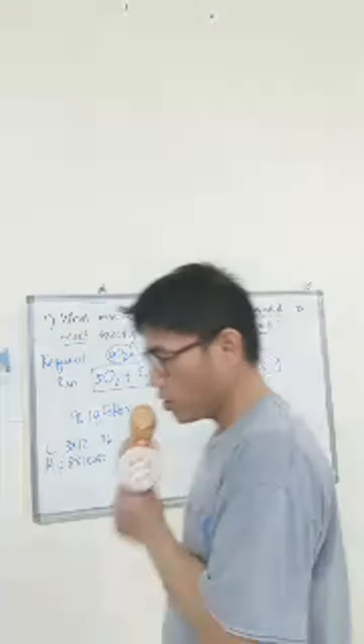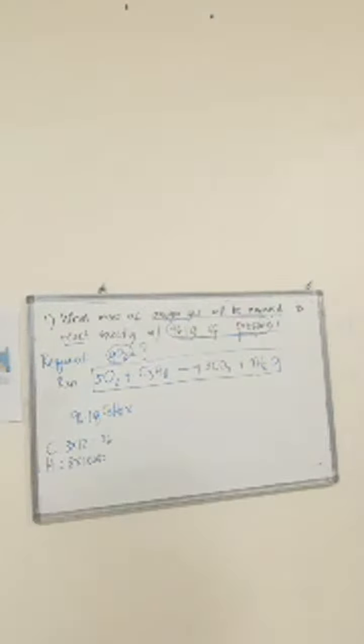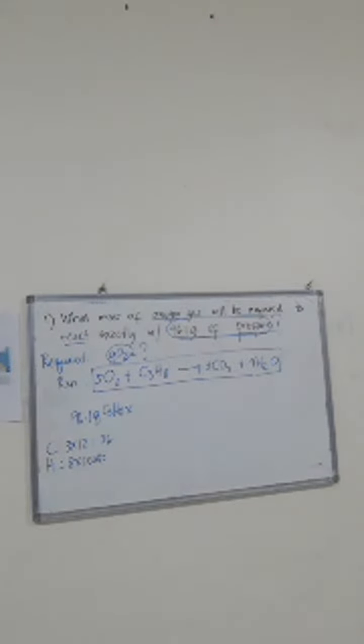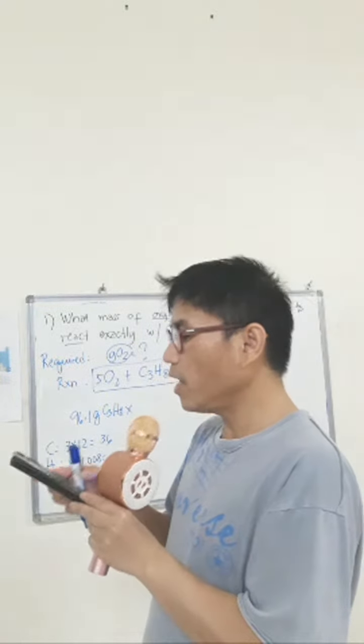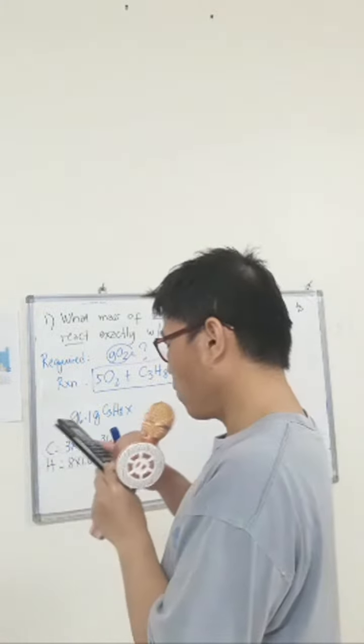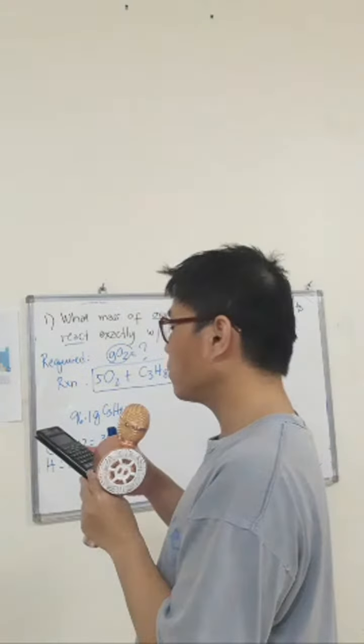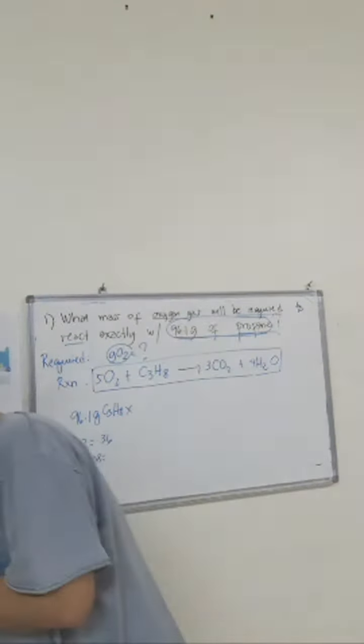How much is this, mga palangga? 8 times 1.008 is equal to 8.064.